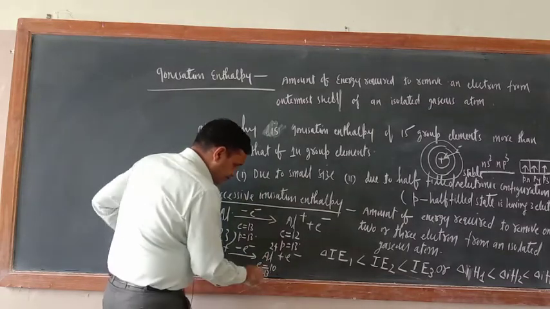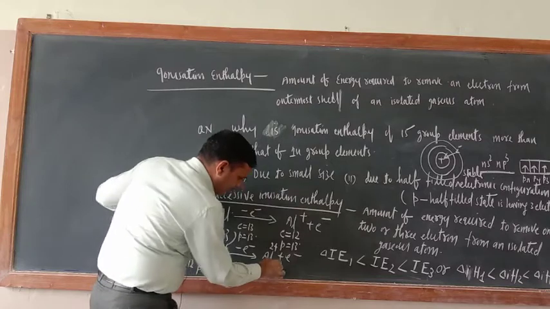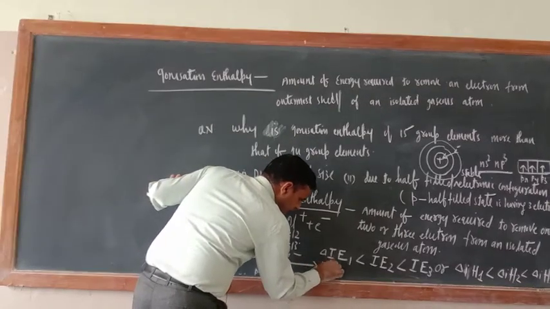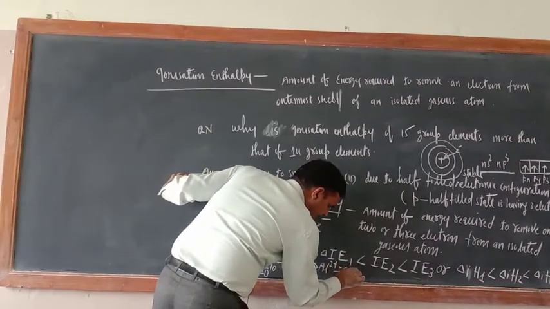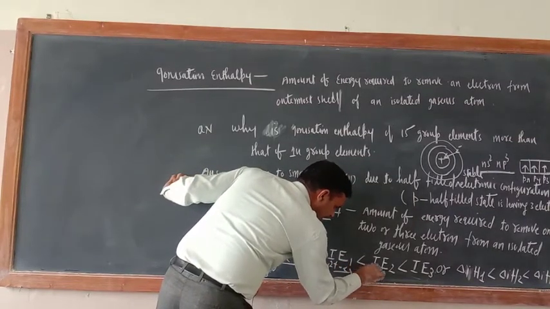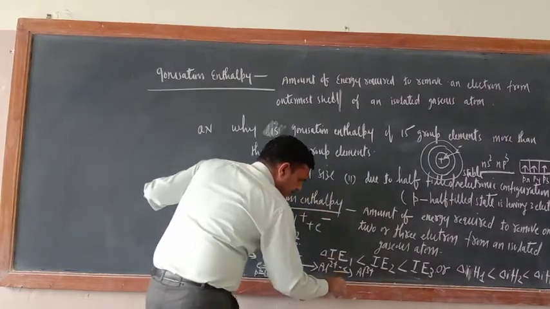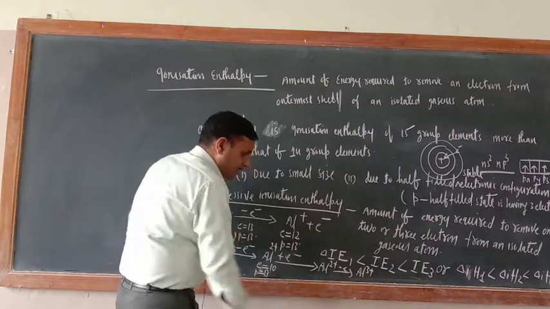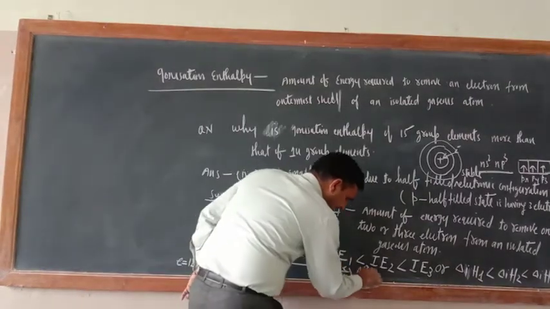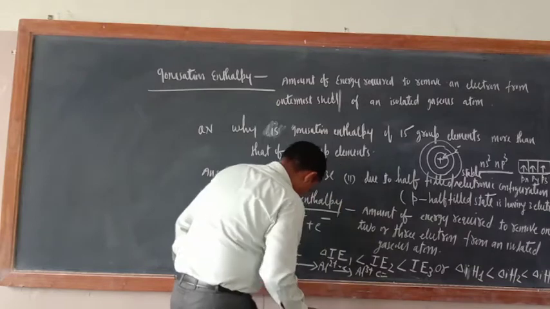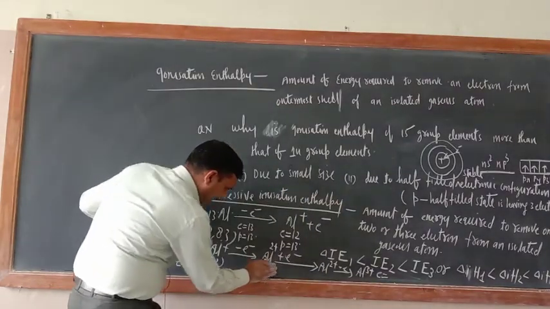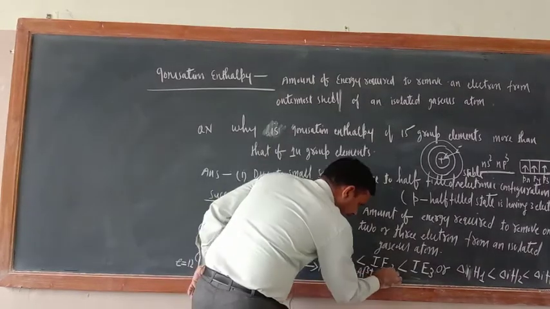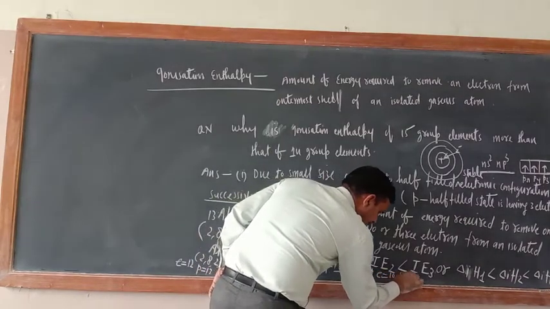Now still 1 electron we can remove, so further you remove this one. Here Al2 positive, remove 1 electron, so this is Al3 positive. Now electrons were 11 and protons 13, and now electrons are 10 and protons are still 13.